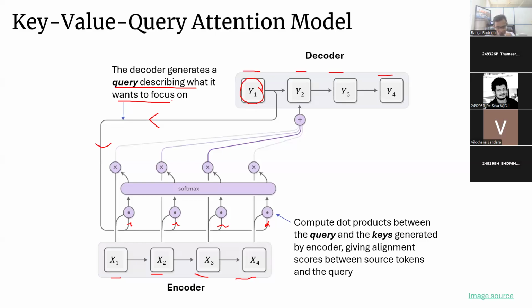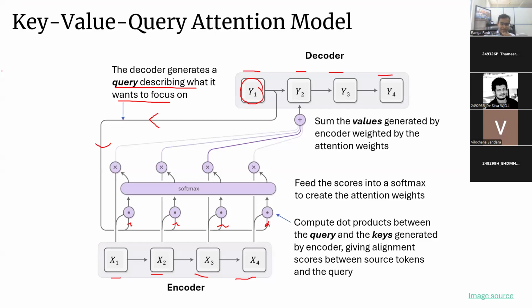With the dot product, it now has a weight that shows the amount of focus that this decoder output wants to have. It feeds the scores into the softmax to create attention weights. You know that through softmax we can give a probabilistic interpretation. We looked at the softmax computation before. Then it sums the values generated by the encoder weighted by the attention weights. So you can see how this works in slightly more detail.